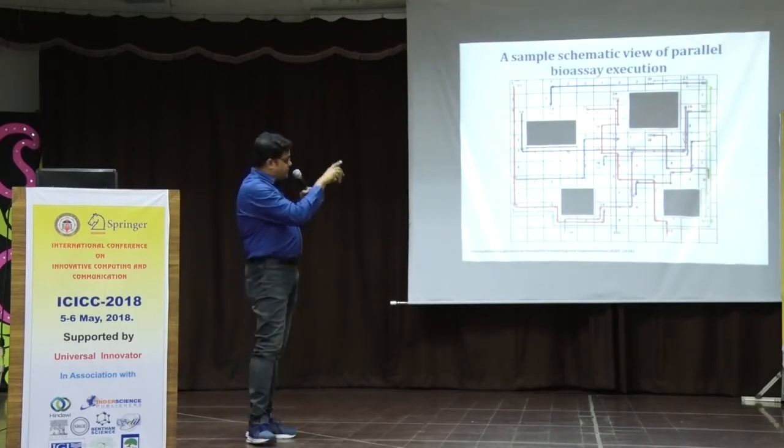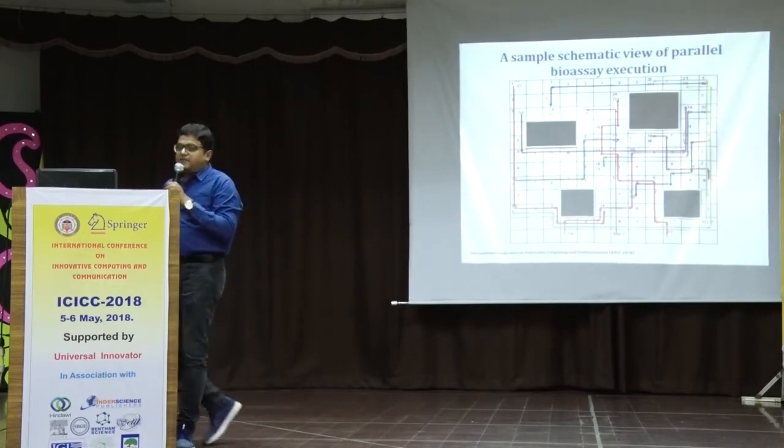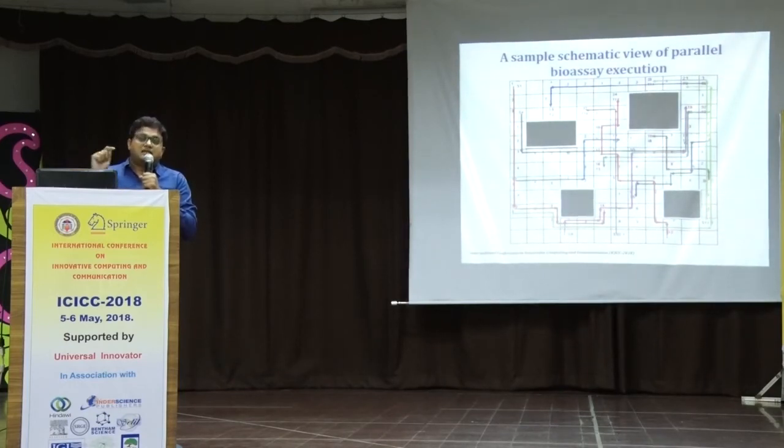So from the rest of the available areas, we need to route different droplets together. And all this routing has to maintain those critical regions and other constraints of droplet routing.